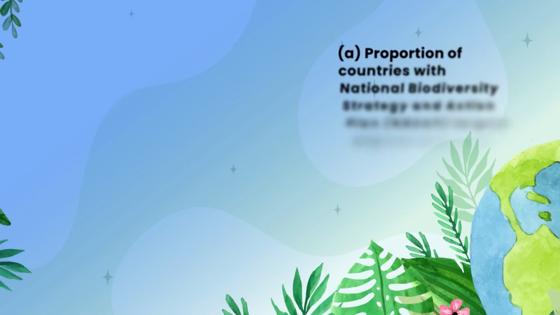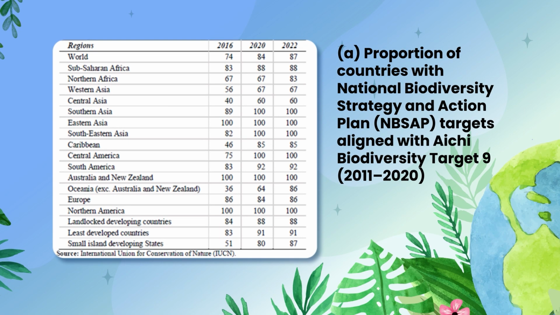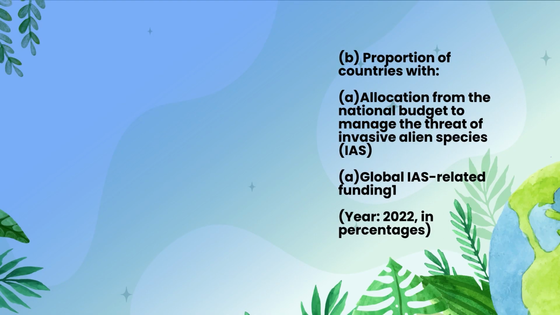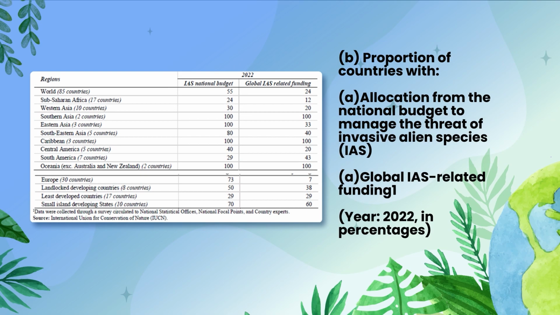In that also we are now progressing well. If you look at this table, globally it went from 74 to 87, from 2016 to 2022. In the same way, on managing the budget and so on, globally 85 countries, so global funding is also going well in this sense.